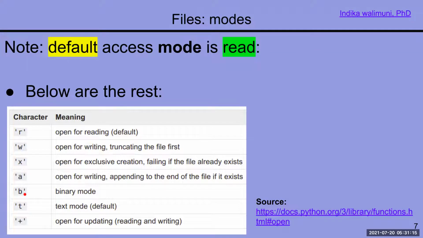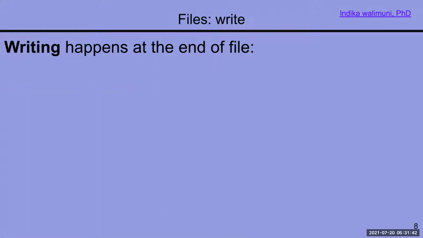T is text mode, similar to the default value. And plus means we can put plus, and then it's open for updating, reading and writing. For example, after A you can put plus, and after R you can put plus as well. All right, let's move on.